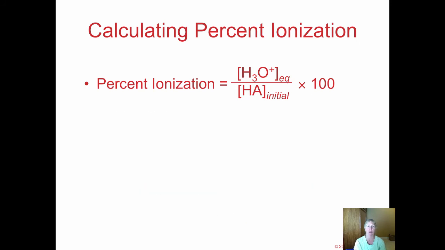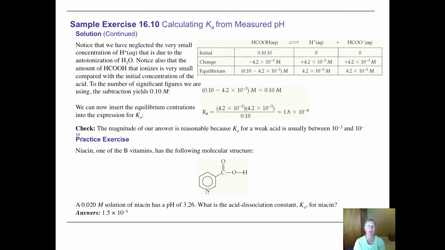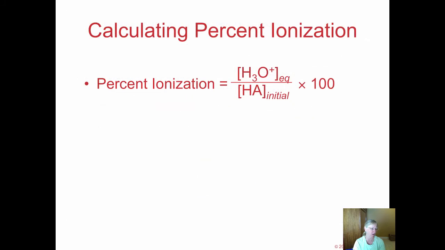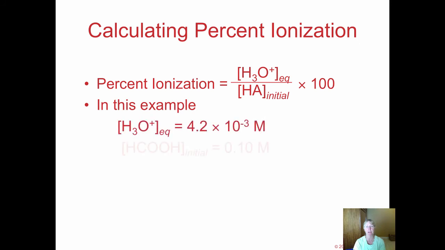Let me back up and check that I haven't forgotten some data. Okay, this will be sample exercise 16.1 in the textbook. In this particular example, someone will tell you that the hydronium ion concentration is 4.2 times 10 to the minus 3. Oh, sorry, this is the same problem from before.